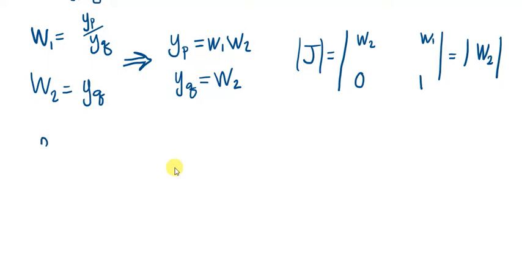Now the density of Y sub p, Y sub q, these are independent random variables. So the density of this is just two chi-squared densities times each other.